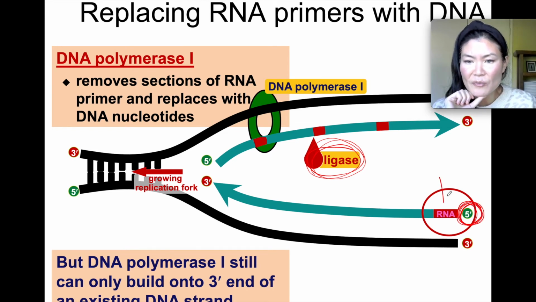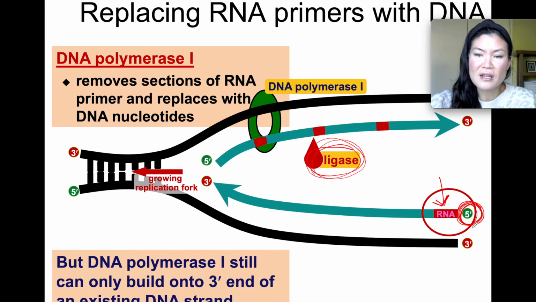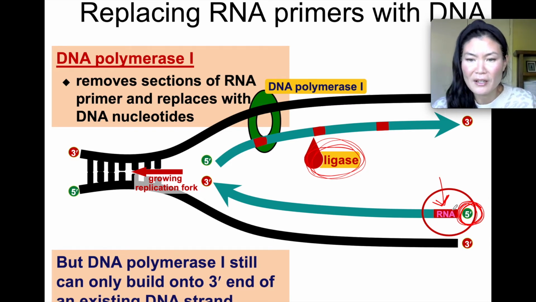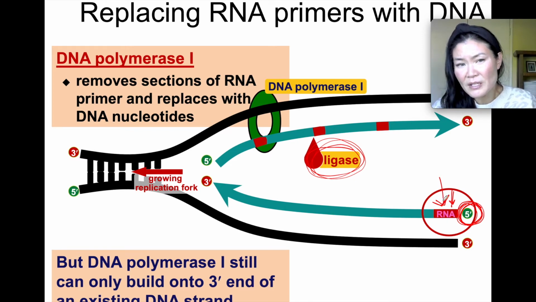So you can't replace that RNA with DNA because there's no other nucleotide in the front to add the first nucleotide to. Does that make sense? So there's nothing in the front where we can actually add another DNA nucleotide. So as a result, DNA polymerase will come in, remove the RNA, but then DNA polymerase 1 cannot add to that.